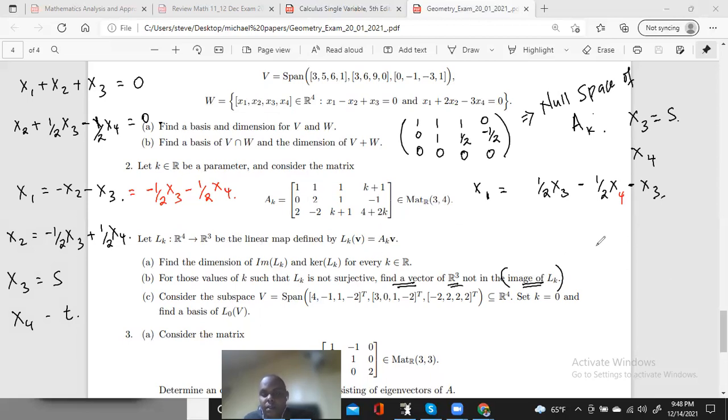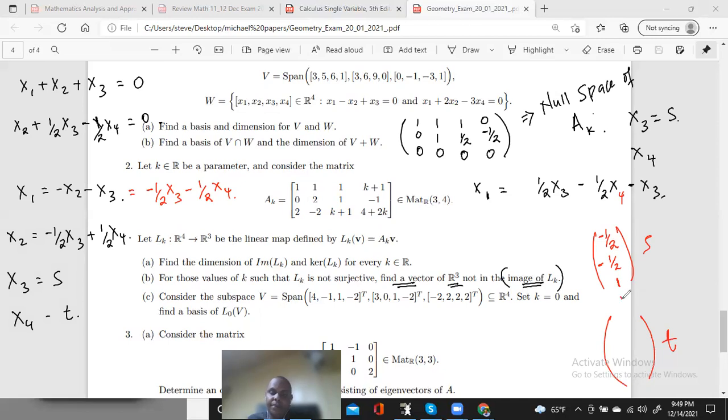So the kernel would have two vectors, two bases, which are for s and t. So for s we have minus a half, minus a half, 1, and 0.